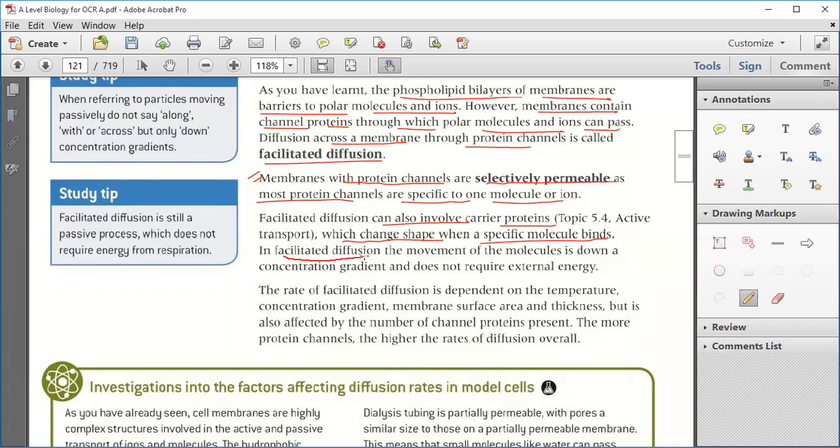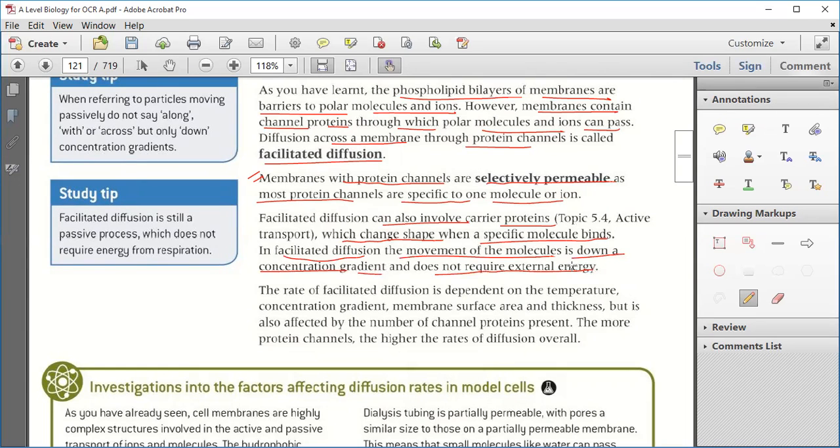In facilitated diffusion, the movement of molecules is down a concentration gradient and does not require external energy. So no external energy is required for the transportation.